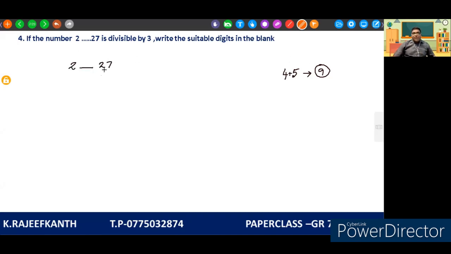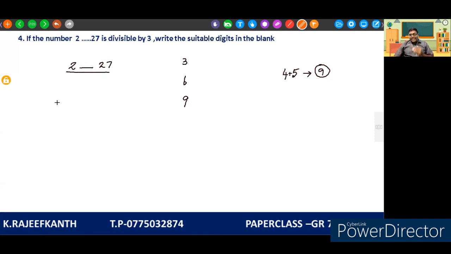So here 2_27 is the 4-digit number. If this number is divisible by 3, then the digital root of this number should be 3, 6 or 9, isn't it? In the question they are mentioning this number is divisible by 3.